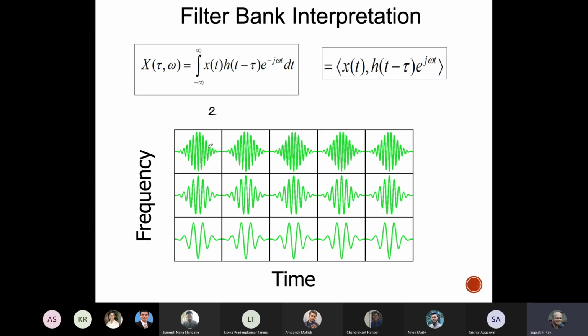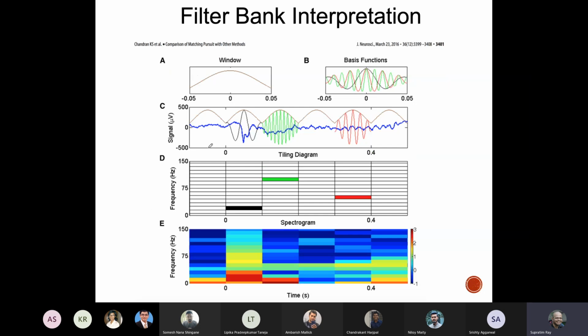Just so that it's clear, you have to think of it that in each tile you have got two filters. Let me just draw the second one here. This is a cosine, so the other one would be a sine. So it's shifted by 90 degrees. I didn't draw it very well, but you get the idea, right? So you're going to take an inner product with both the cosine and the sine.